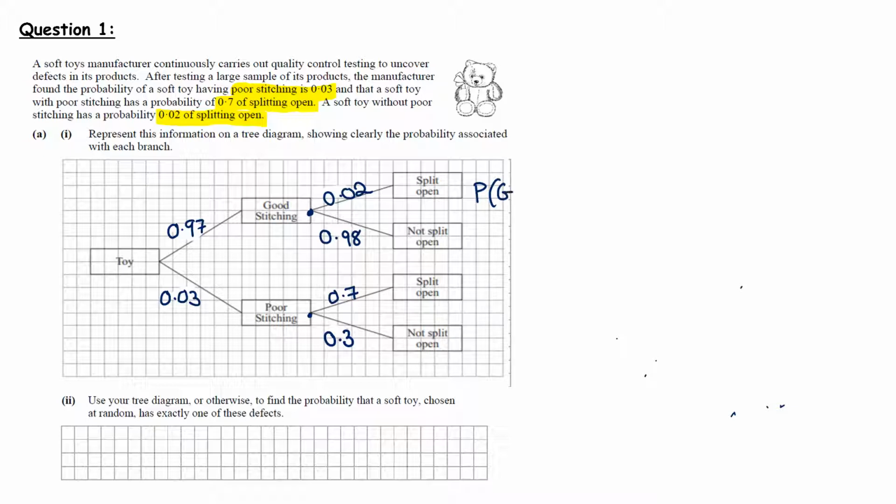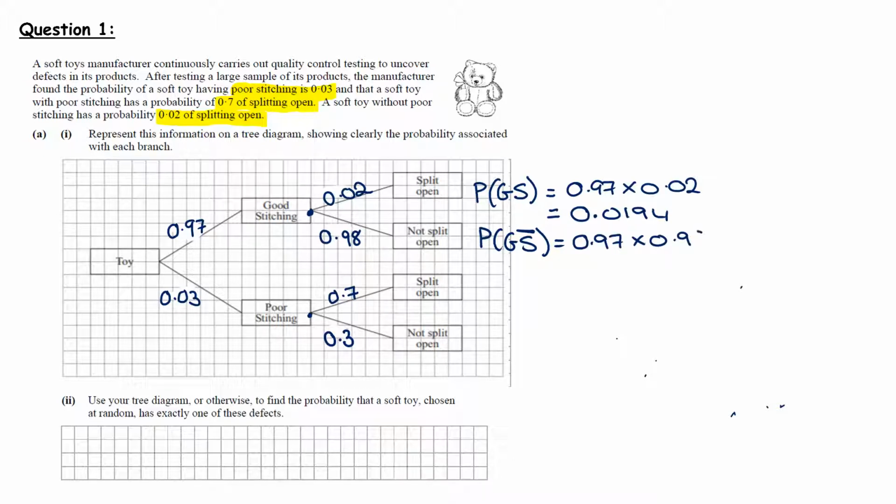so let's call that good, and that it split open is equal to 0.97 by 0.02, and when you multiply that together you get 0.0194. The probability of good stitching and it does not split open is equal to 0.97 by 0.98, and that works out as 0.9506.